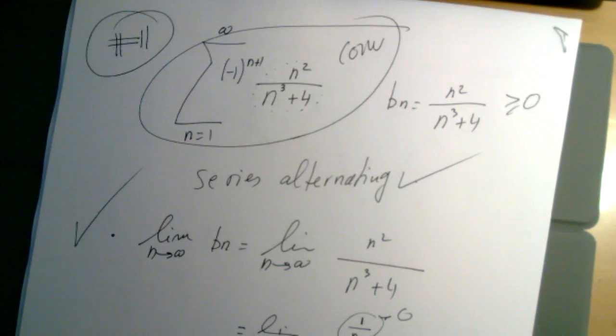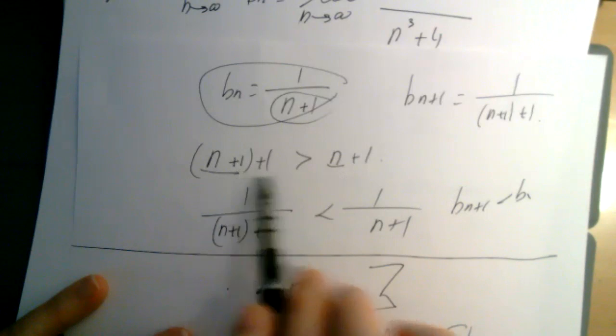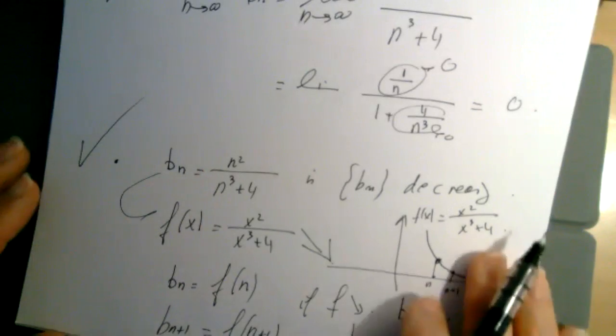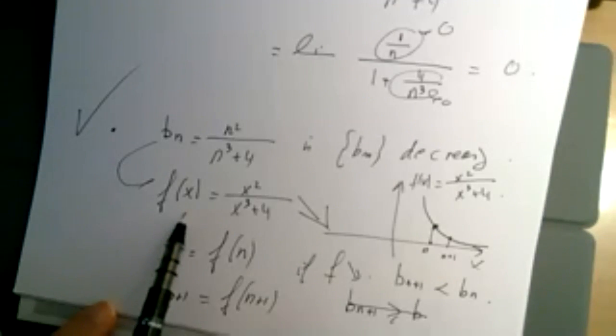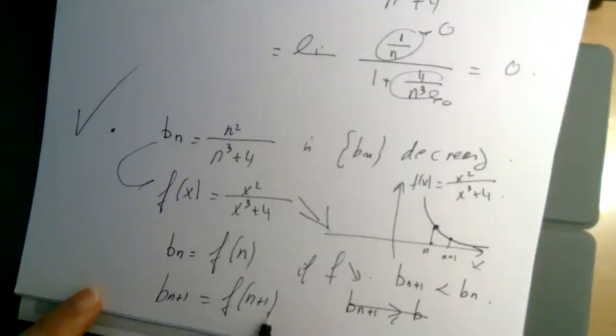Okay. So let me sum up. How do you show that the sequence Bn is decreasing? You have two ways. If it's simple, you just look at it and try to compare the terms like I'm doing here. If it's something hard like that, to show it's decreasing, you take the function associated to it, you graph it, and you convince yourself that the function is decreasing, so the sequence itself is decreasing.